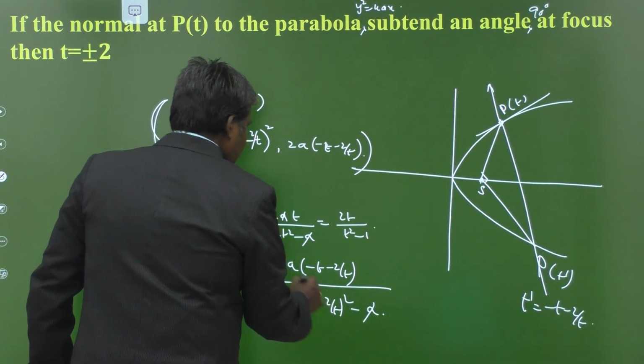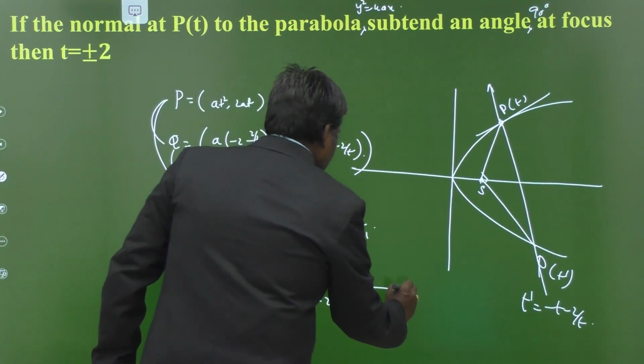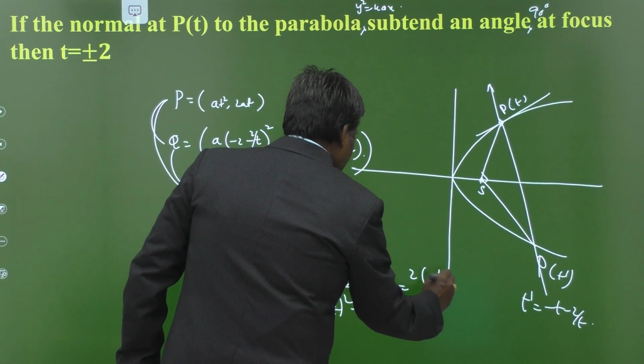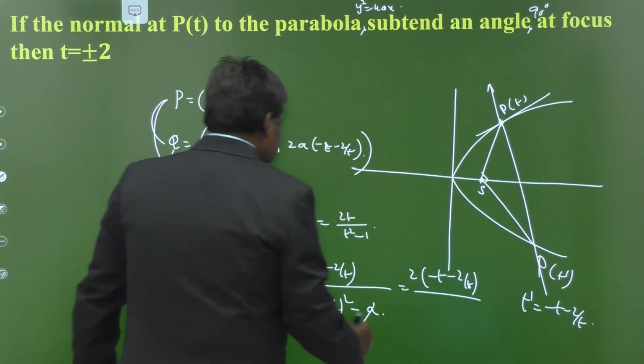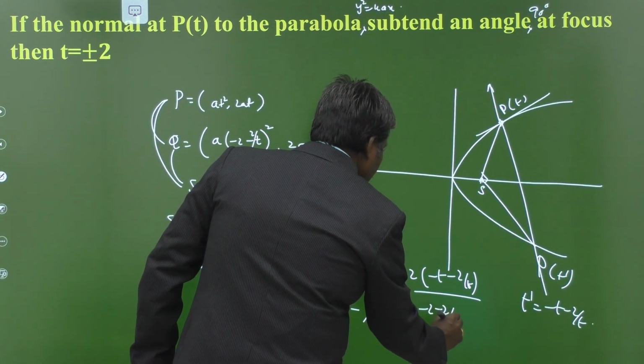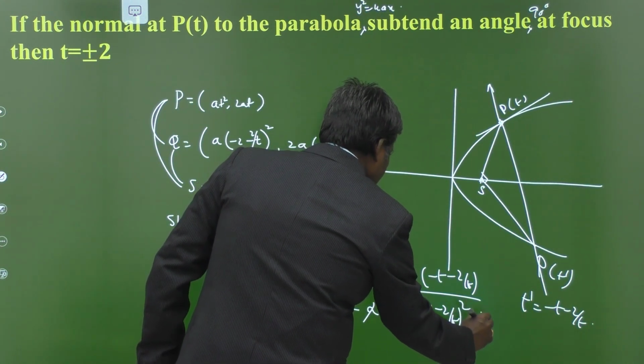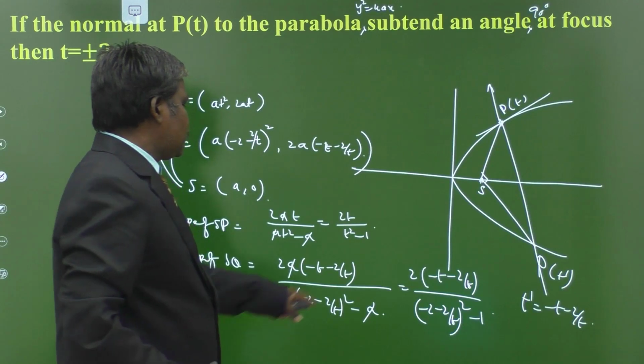Now a gets cancelled. That is 2 times of minus t minus 2 by t by minus t minus 2 by t whole square minus 1. This is the slope of SQ.